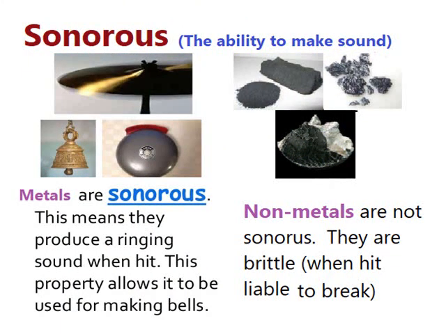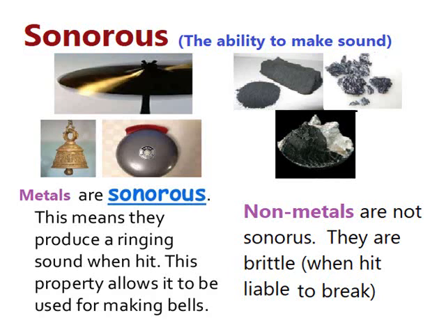The next property we are going to discuss here is called sonorous. What do you mean by sonorous? The ability to make sound. Sonorous means the ability to make sound. See the pictures which are given in this slide. It contains a bell as well as an instrument used in the musical orchestra.